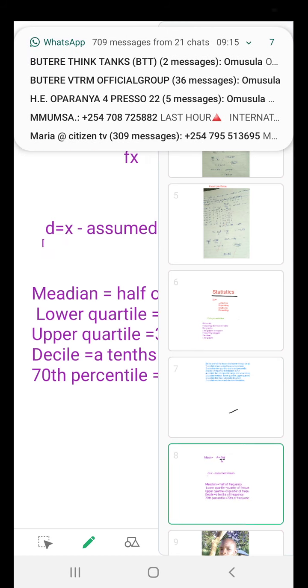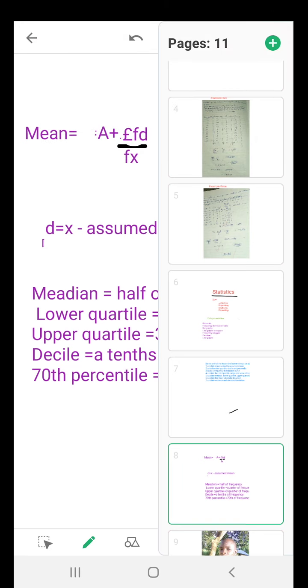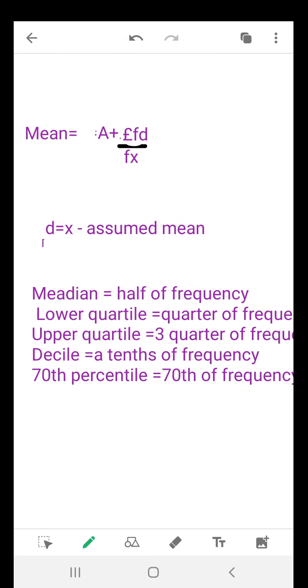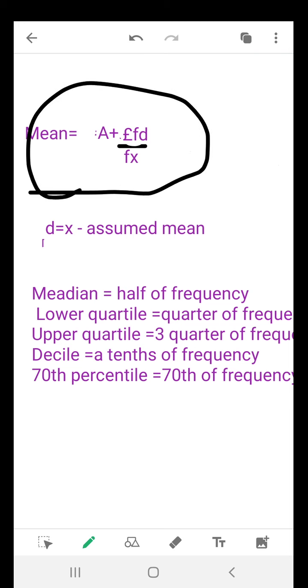When we are calculating the mean using the assumed mean, we use the formula above, that is the assumed mean plus summation of FD over summation of F.